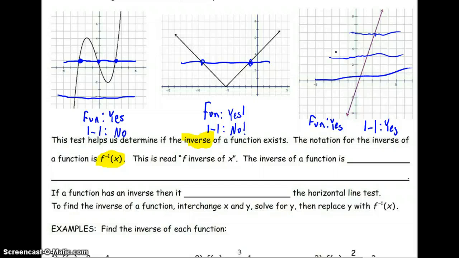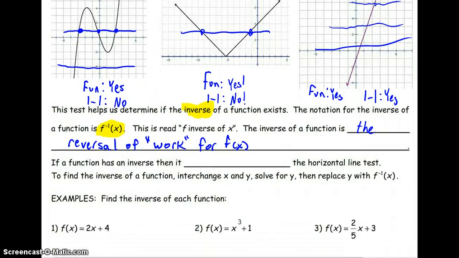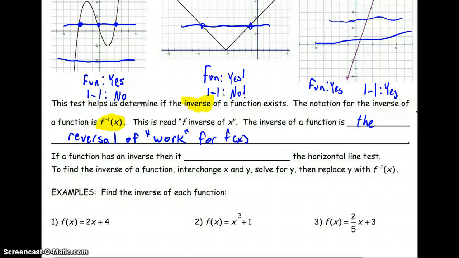So the inverse of a function is the reversal of work for f of x. We'll talk more about that in due time, what it means to undo some of the mathematical work that we've been doing. Of course, there will be graphical connections as well. If a function has an inverse, it passes the horizontal line test.